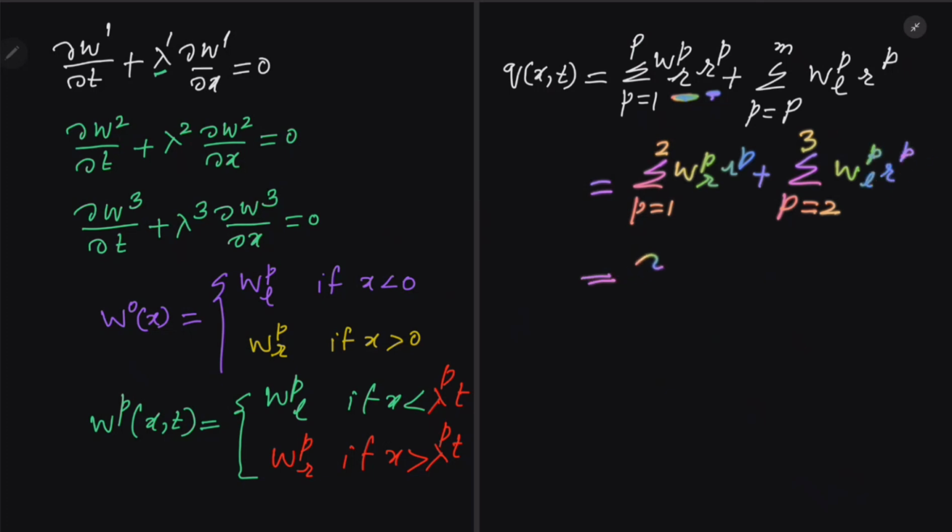So it should be a combination of right and left. Okay. So this capital P shows which wave is important.